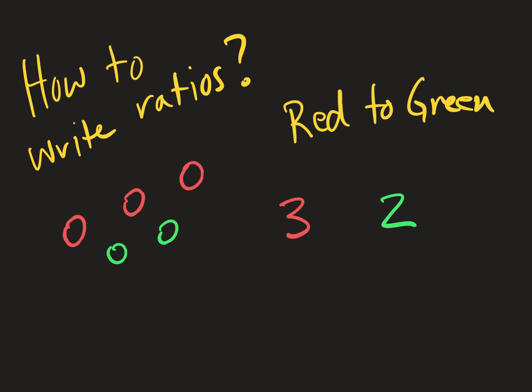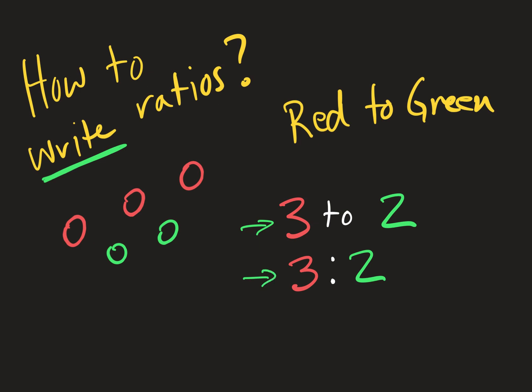And so when we talk about writing a ratio, there's a couple of ways we can do this. We could say that there are 3 to 2 circles, so 3 red to 2 green. We could also say 3 colon 2. Okay, so that means the same thing. 3 to 2 is the same as 3 colon 2.